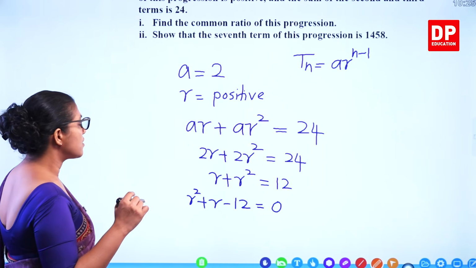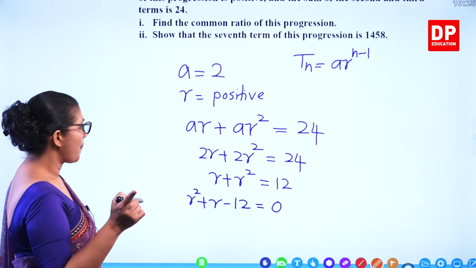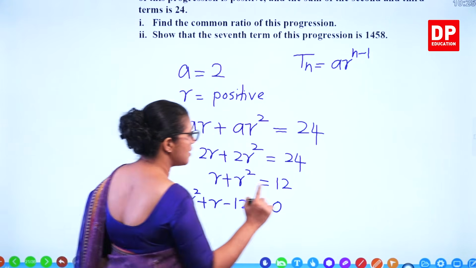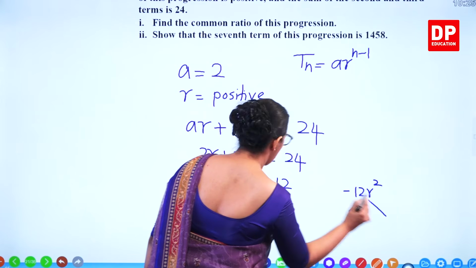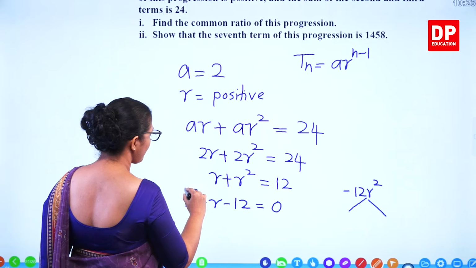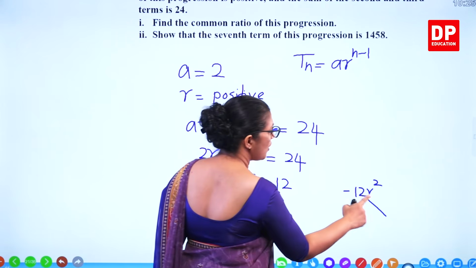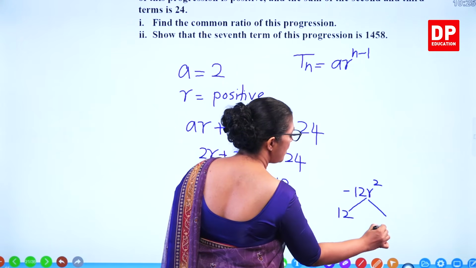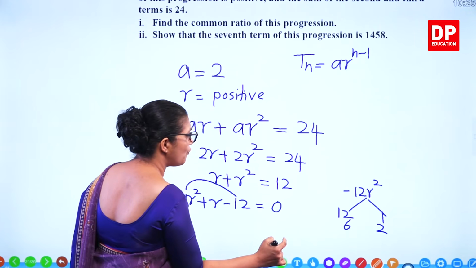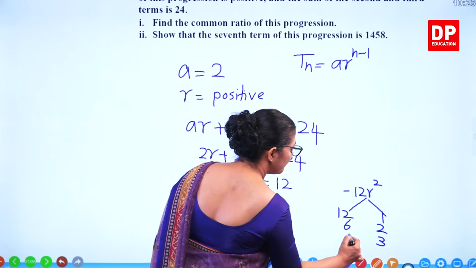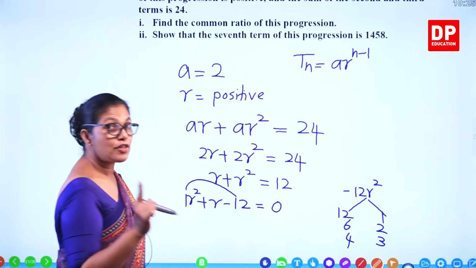So what are the factors of minus 12 that give plus 1? Not 12 times 1, not 6 times 2, but 4 times 3, where the difference is 1.